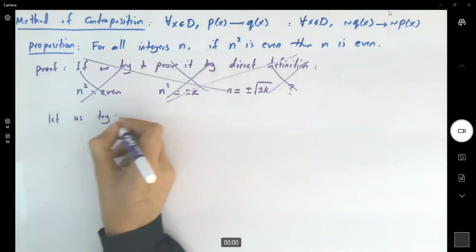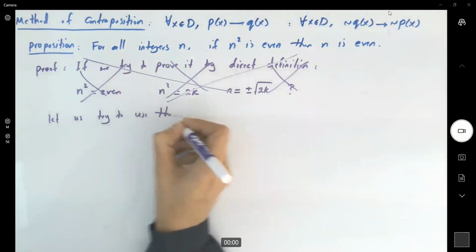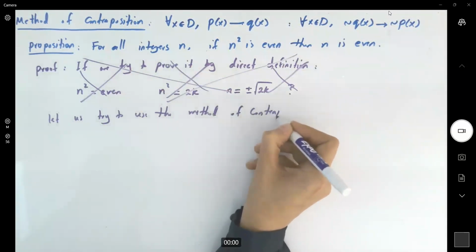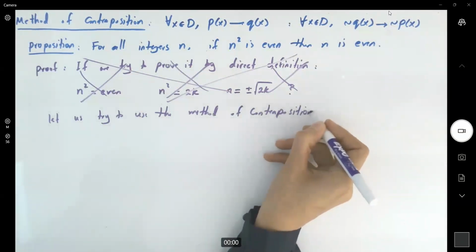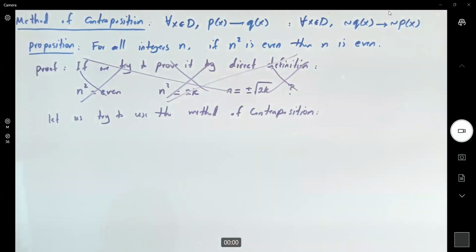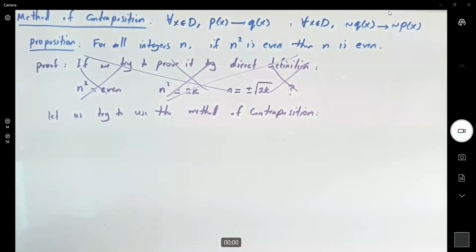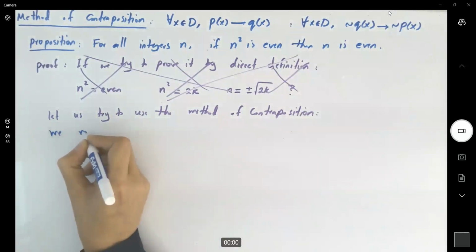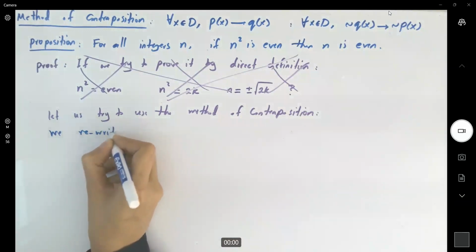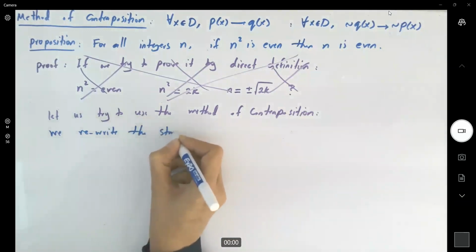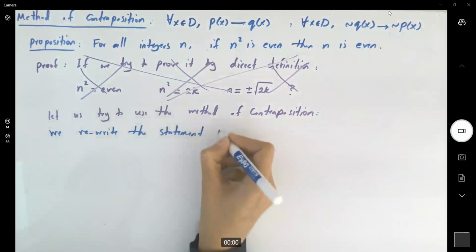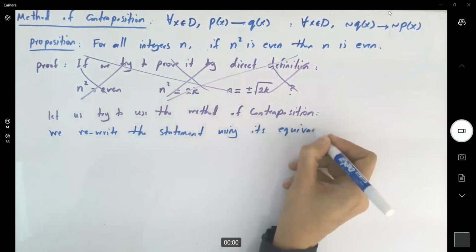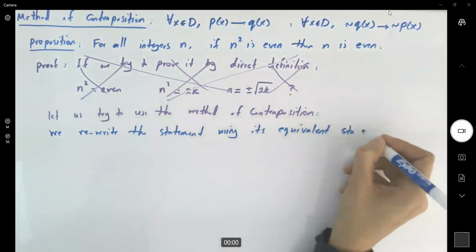Let us try to use the method of contraposition. So what's the meaning of that? It means that we rewrite the original statement using its equivalent statement.